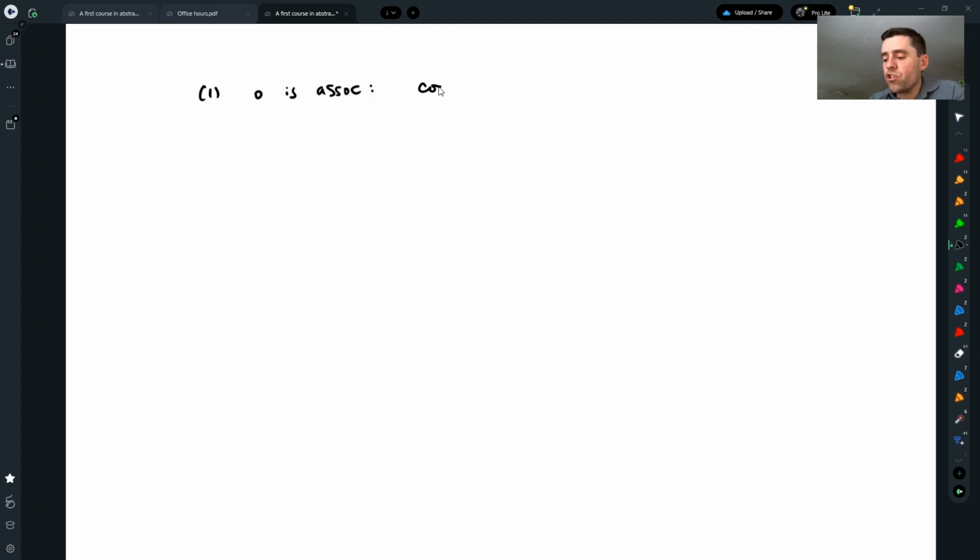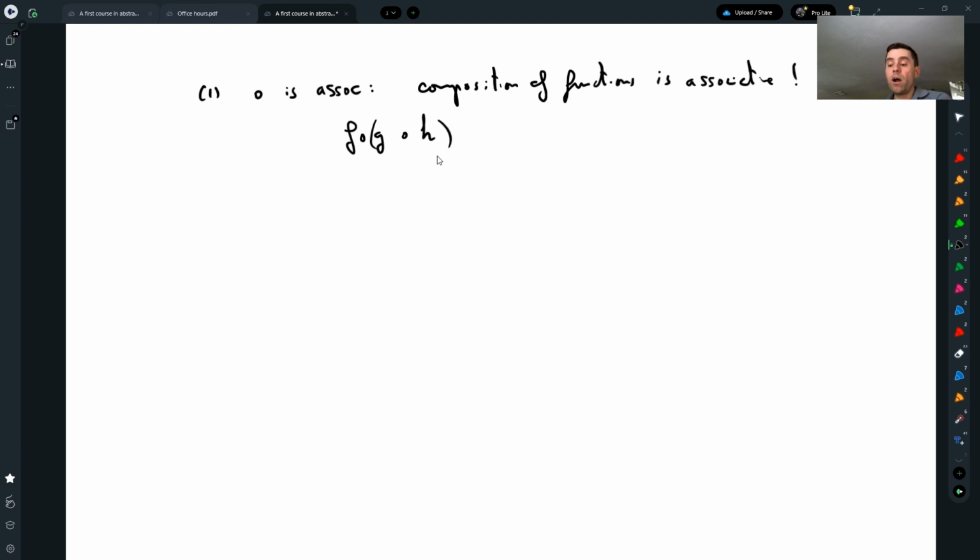It turns out the composition of functions is associative. So since f composed with g composed with h is the operation we're talking about in Sn, the operation we have is composition of functions, which is associative.